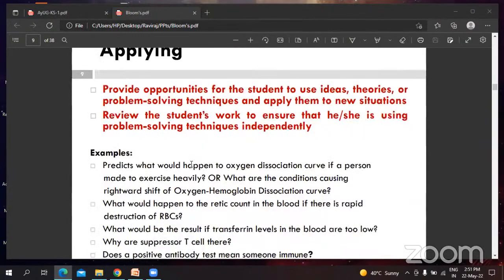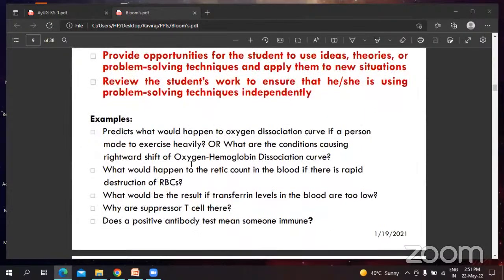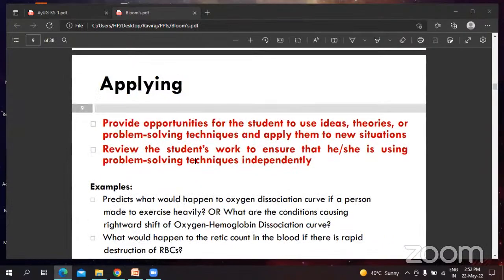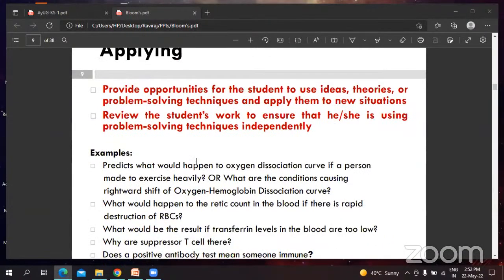What is the use of this knowledge? Since you remember the normal range of RBC, if you happen to see the reports of some patient who has a low RBC count, then you will have to apply that knowledge, right? And that is where the importance of remembering comes into the picture.